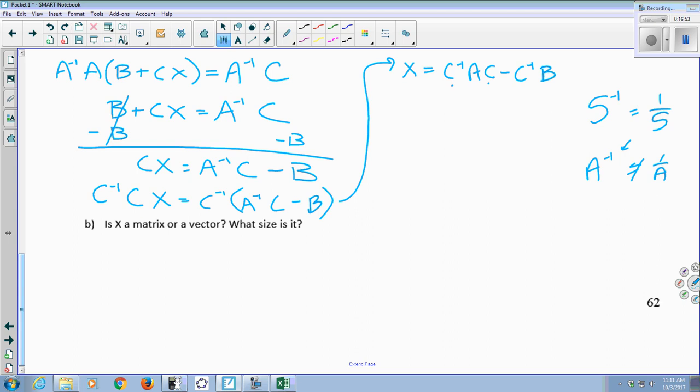Oh, nope. I just missed the inverse. Yeah. C inverse A inverse C minus C inverse B. So that's as far as I can go.